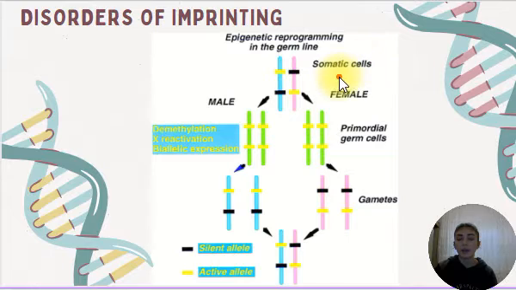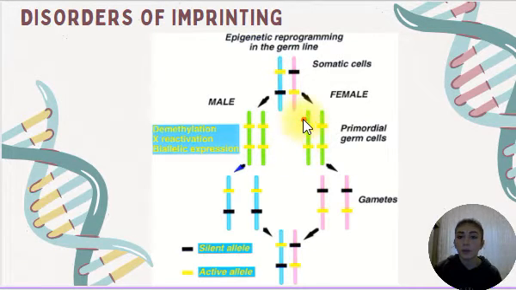So what's happening here? When you receive one copy of your chromosome from your father, the other one from your mother, at the stage of primordial germ cells, you actually have really similar features in both parts of the chromosome, right?